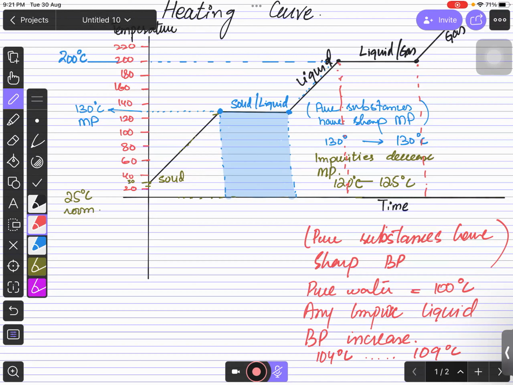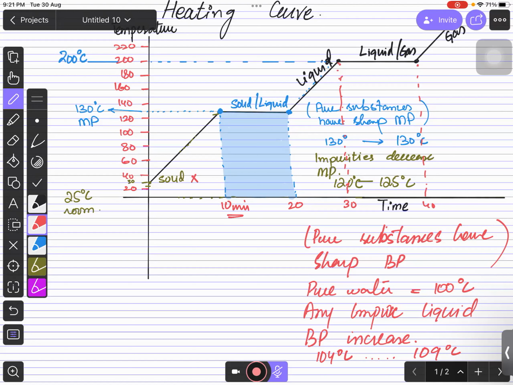Okay. Yes. And for example, if it is 10 minutes, 20 minutes, 30 minutes and 40 minutes, the examiner can even ask you what is the time when solid X starts melting. So you can say that after 10 minutes, solid X starts melting.